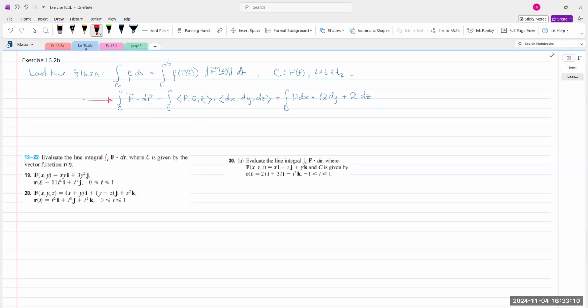For example, the amount of work is equal to the integral over the path being traveled of the vector field or force field f dot dr, where dr basically tells us the infinitely small distance being traveled.